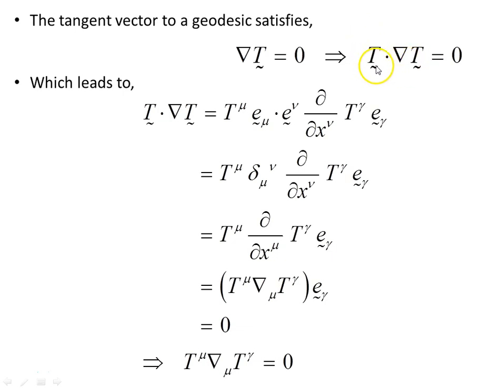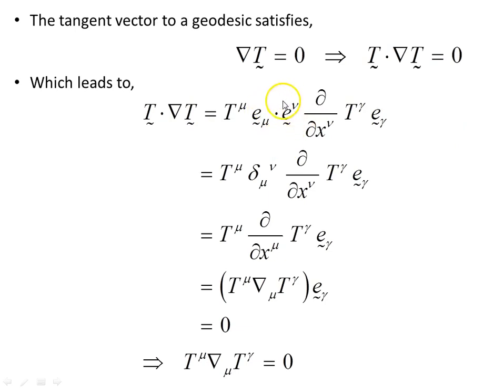So the projection in the direction of t dot del t gives us 0, and if we expand that out in terms of the basis vectors and components, the tangent vector is t mu e subscript mu, dotted with the covariant derivative operator, e nu d dx nu, and then the tangent vector t gamma e gamma.